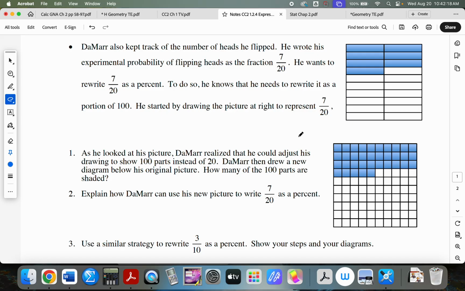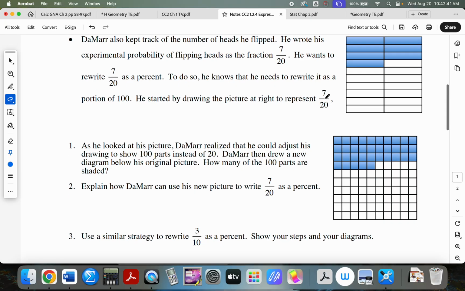To do that, he knows he needs to rewrite it as a portion out of 100. So he started by drawing this picture. How many total rectangles are there, everybody? How many are there? 20. How many of them are shaded? 7. So he's showing 7 out of the 20.